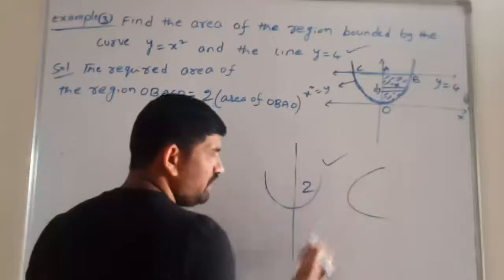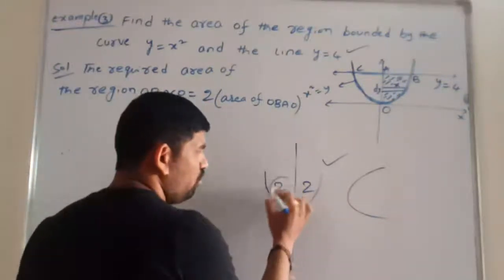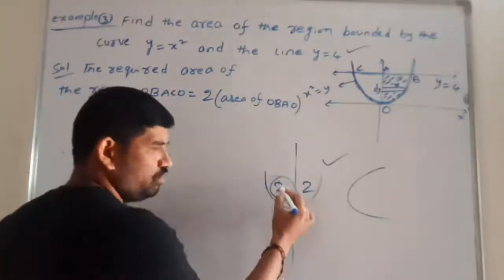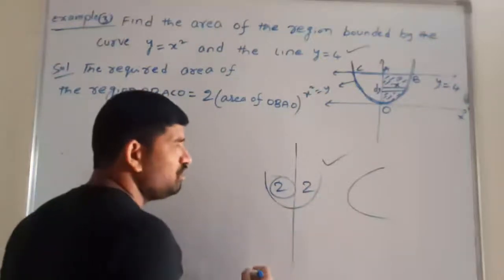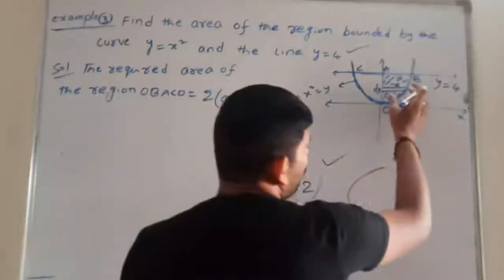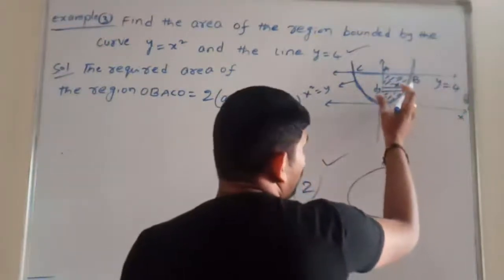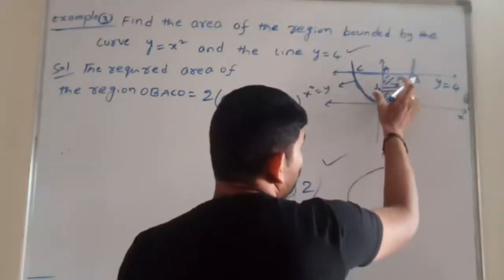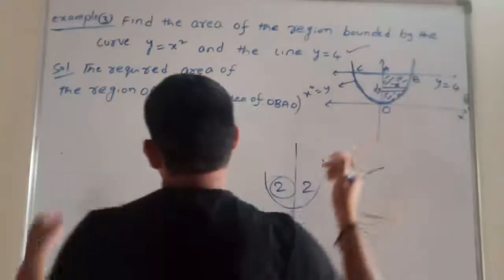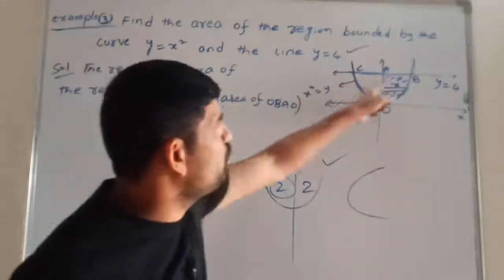Suppose you find the area of this one as 2 units, no need to find this one, it is again 2 units, because these two parts are equal to each other. So I am finding half of the bounded part here, and we have to multiply with 2, then you will get the total area.